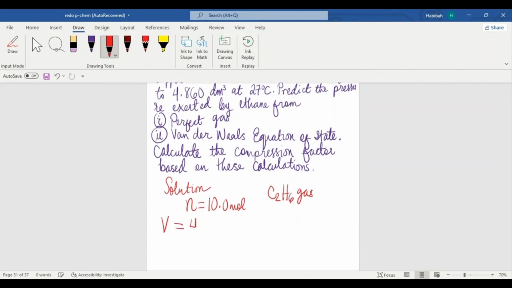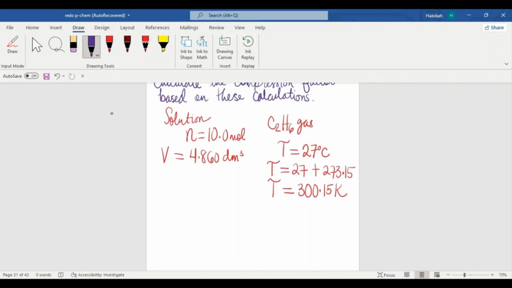And of course, the temperature is 27 degree Celsius. We will go from degree Celsius to Kelvin. So T is just 27 plus 273.15, and therefore temperature ends up becoming 300.15 Kelvin.